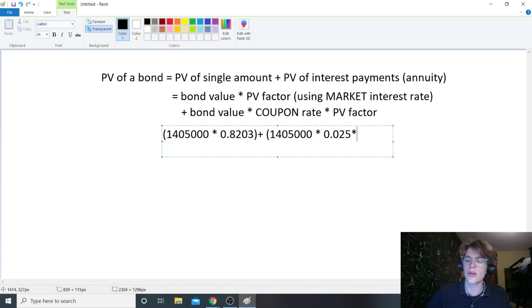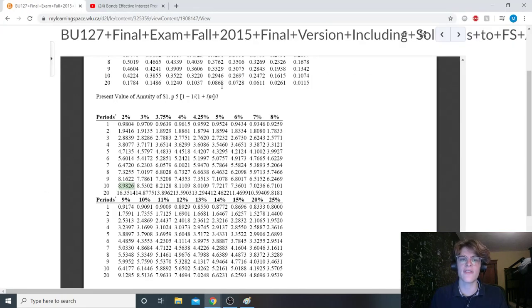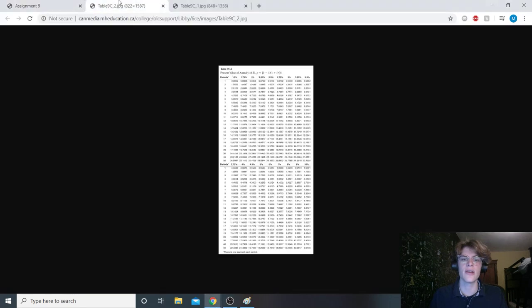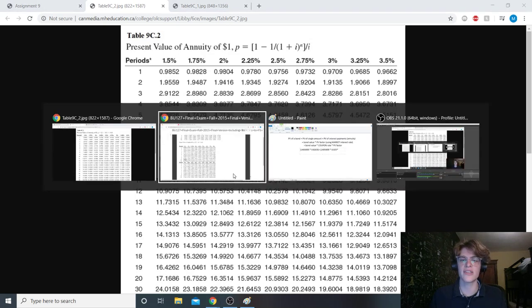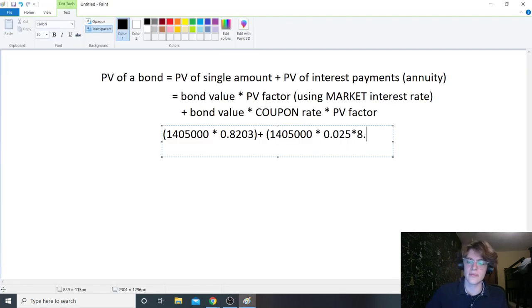And now we're going to multiply that by the present value factor using the other table. Using the present value of an annuity, we go to 2%, 10 periods, 8.9826, times 8.9826.